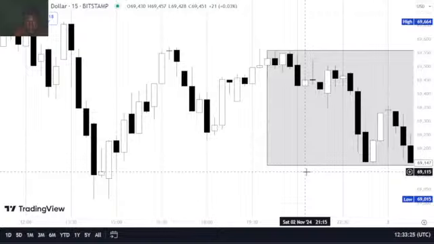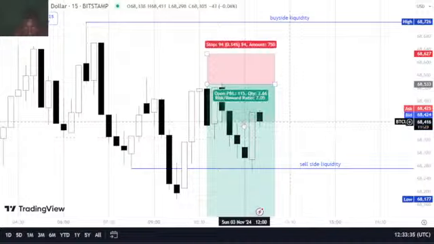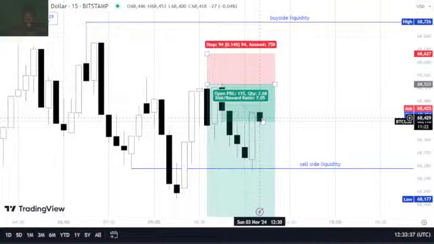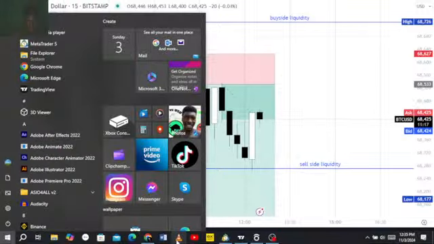Okay, that is what we are trying to do. It took liquidity from this side. After that, it is still coming down.